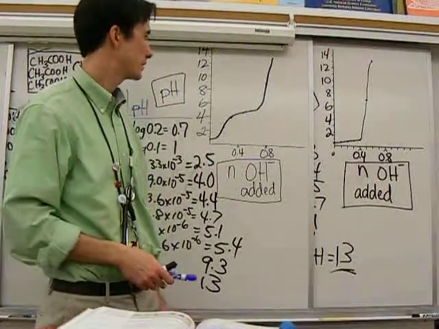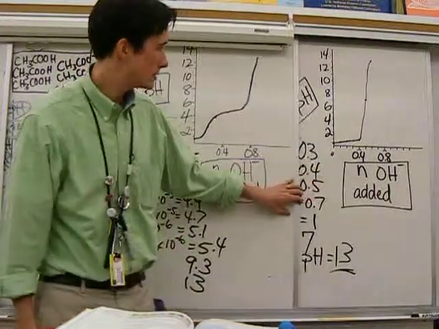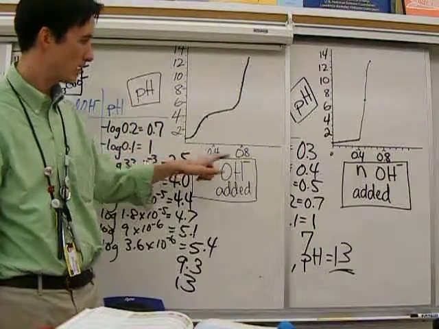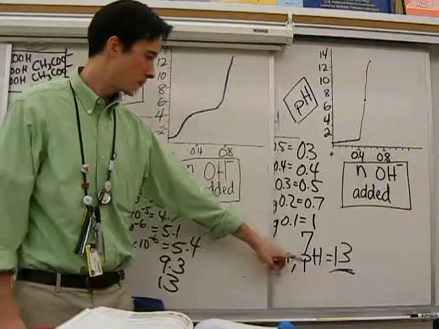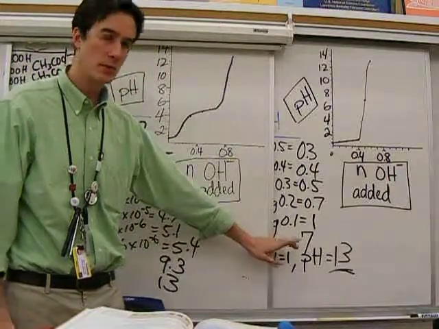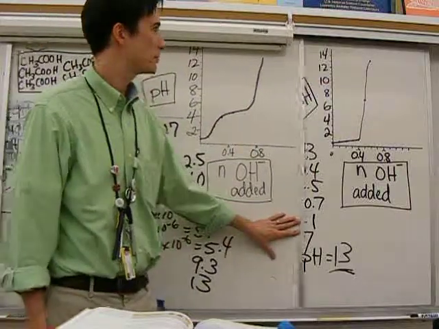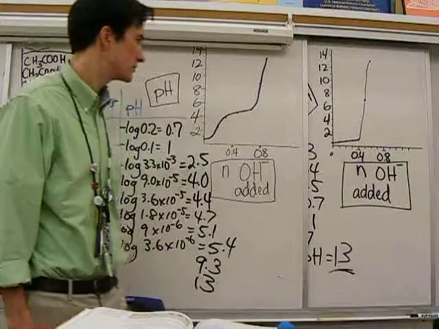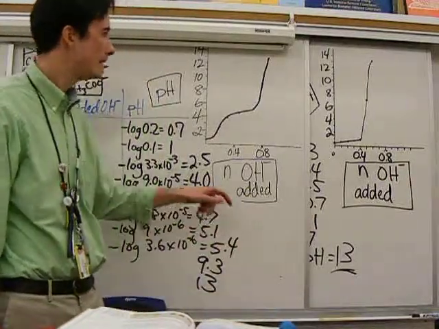What's the big deal? The big deal is, we can see the pH difference. We did add more sodium hydroxide in this case. So if we added more sodium hydroxide, we would actually end up with a slightly higher pH. But if it's pH 13 or pH 13.7, both are quite basic.